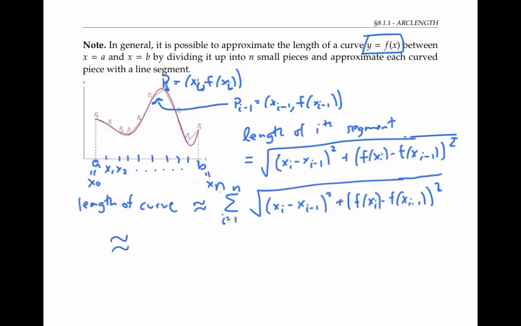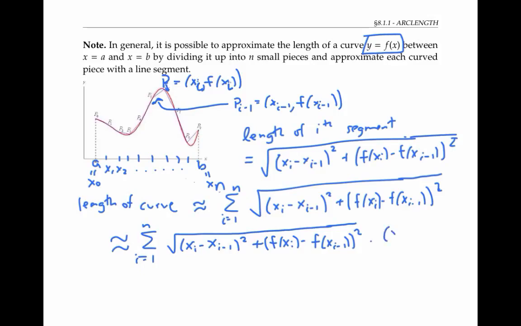I'm going to multiply each term of this expression by x sub i minus x sub i minus 1 divided by x sub i minus x sub i minus 1.